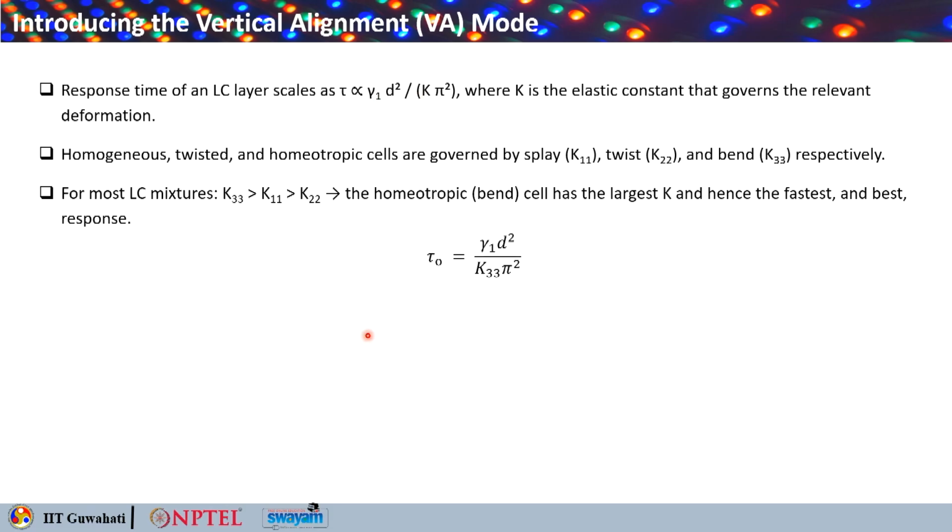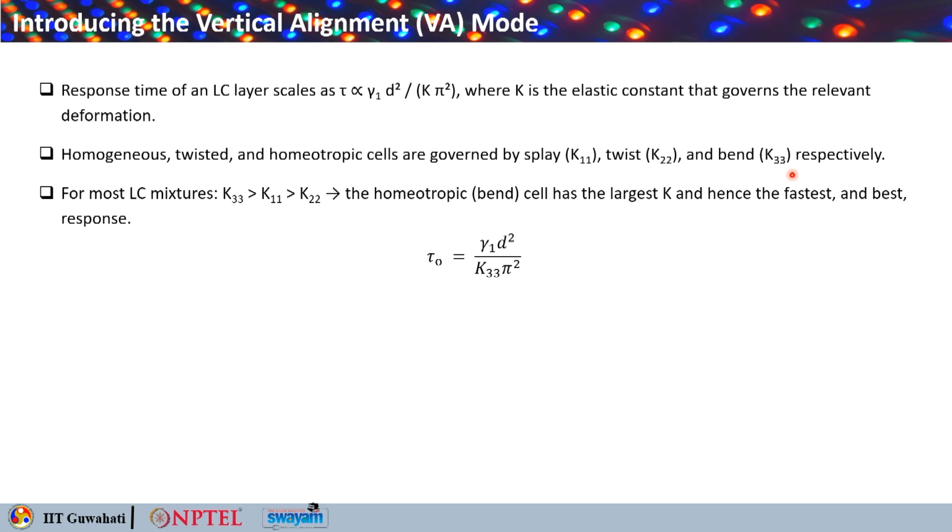We already understood which K factor will be applicable in which case. Now the key physical fact is that the homogeneous, that is the splay, twisted and the homeotropic or the vertical alignment or bend cells are each restored to equilibrium by a different Frank elastic constant, which are basically K11, K22 and K33, right?